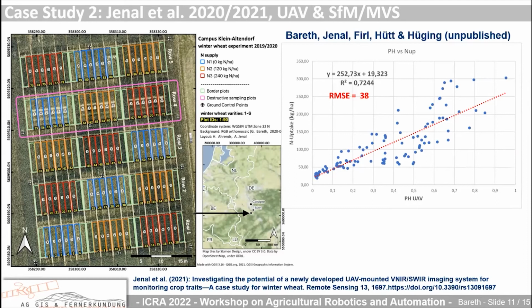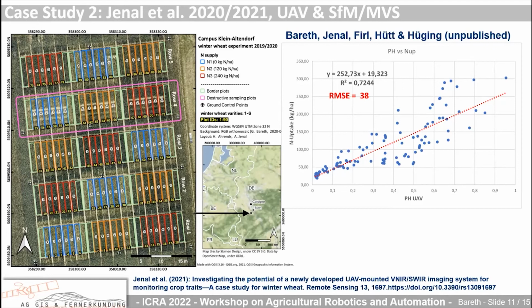But what you see here is that the N-uptake, which is calculated from biomass and N concentration from destructive sampling, against plant height from the UAV, is giving an R-square that is still improvable, but it could be an indicator that it performs well.